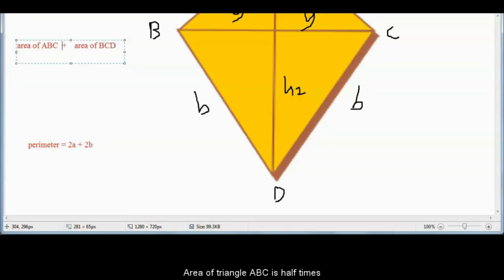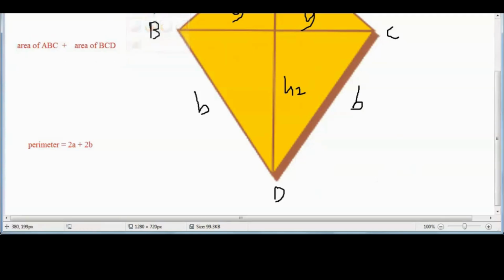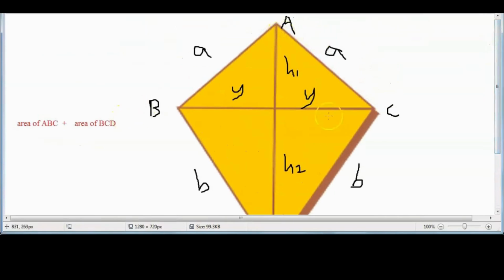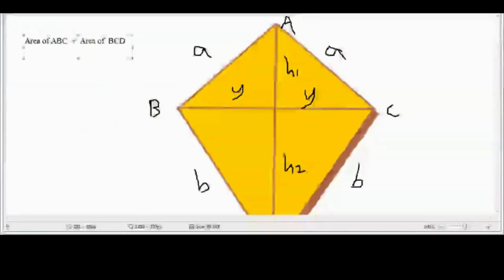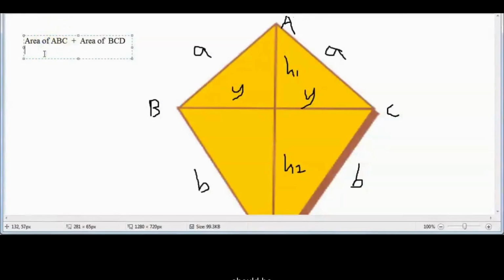Area of triangle ABC is half times BC times H1. Take a look. This is triangle ABC. The area is half times base times H1.